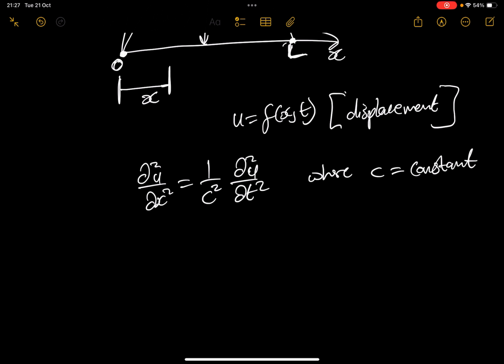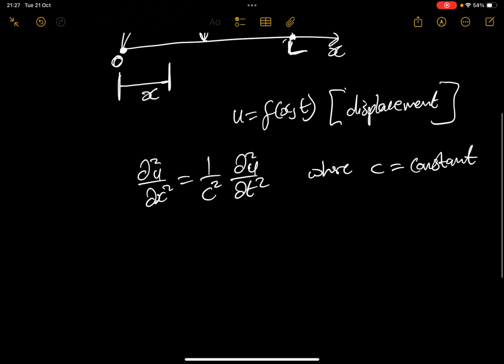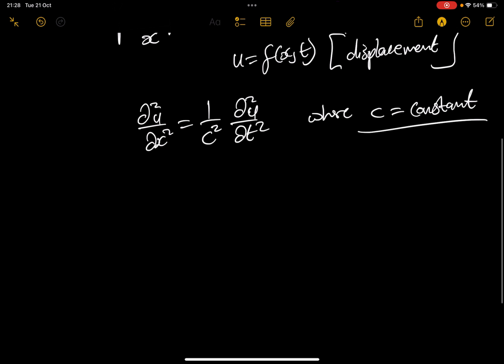It's just the material constant that depends on the material we're using. In our case, we're using a string, so the constant c will contain the mass per unit length of the string, the tension of the string, etc. But c is just a constant.